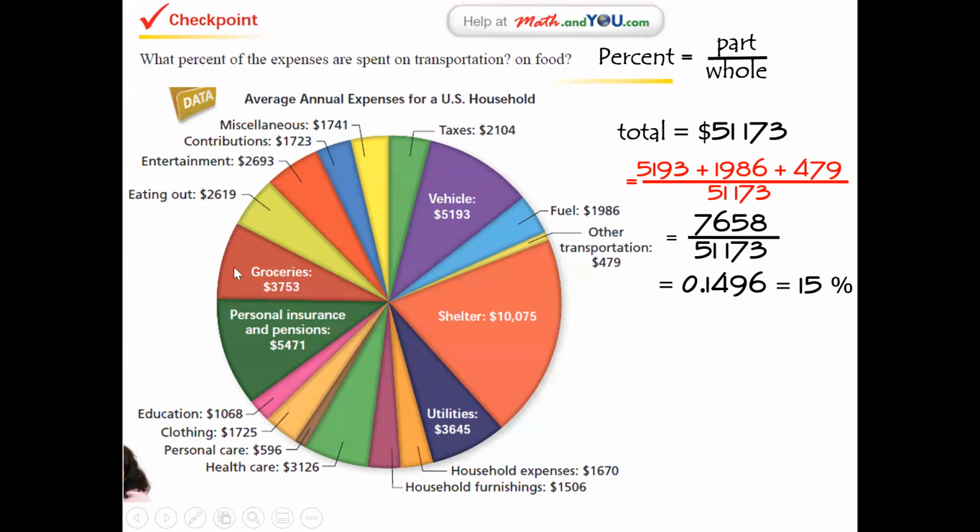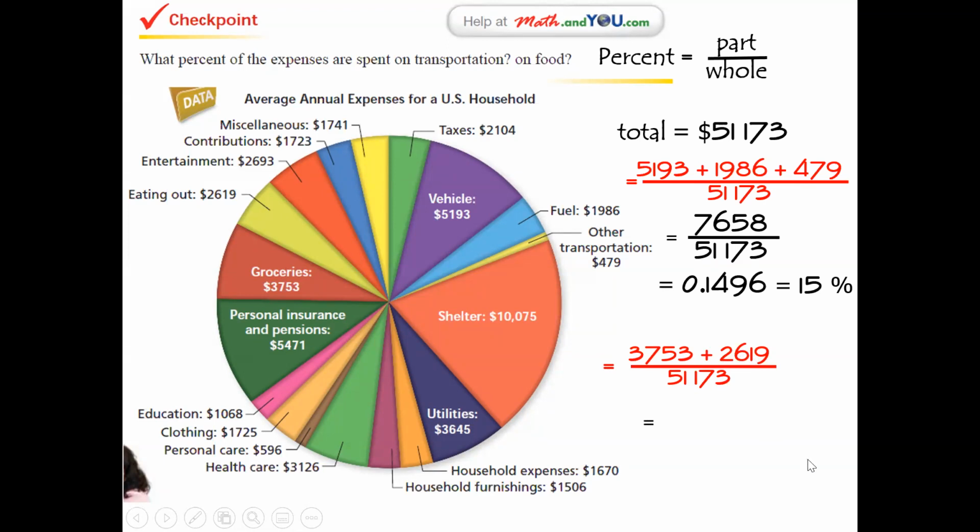So we can add these two together. Yes. So let's go ahead and do that. We're going to add groceries, which is 3,753, plus eating out, which is 2,619, divided by the total.